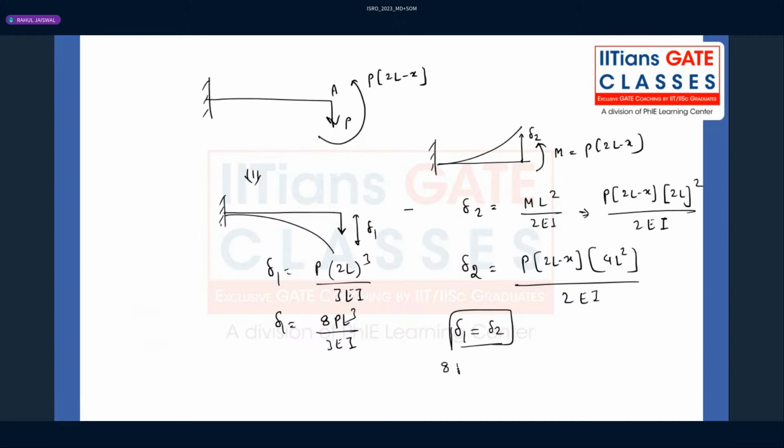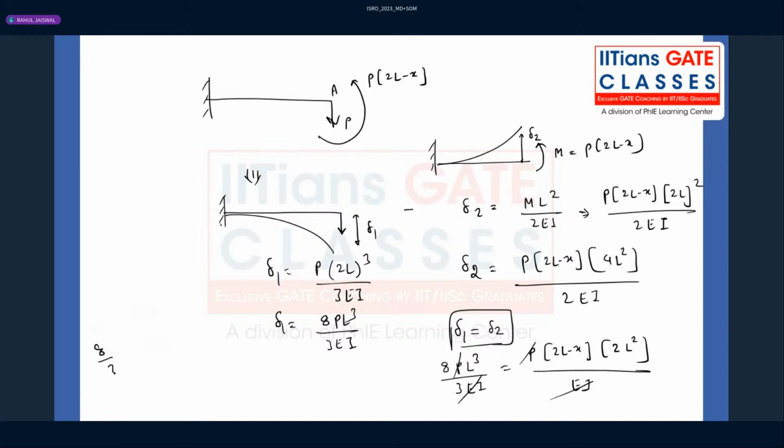So 8PL cube divided by 3EI equals P into 2L minus X, 2L square divided by EI. E will cancel out, P will cancel out.